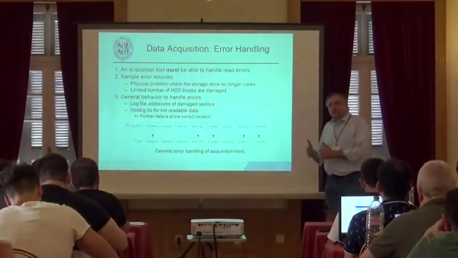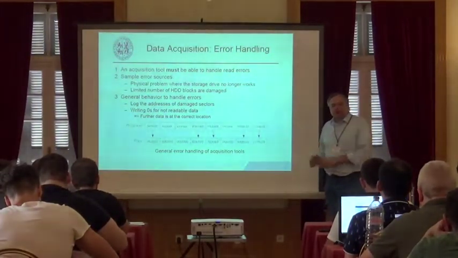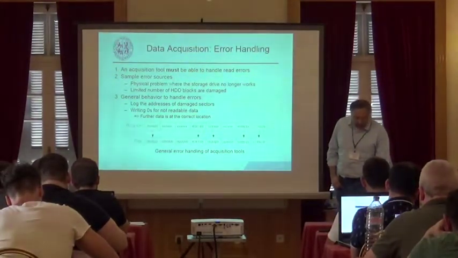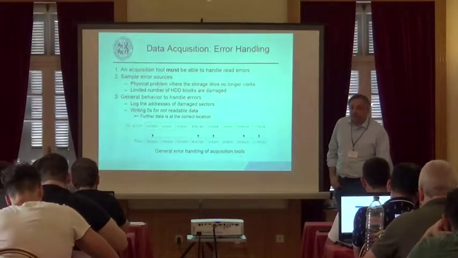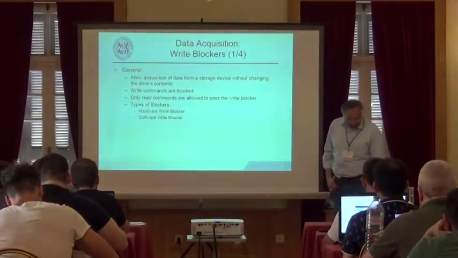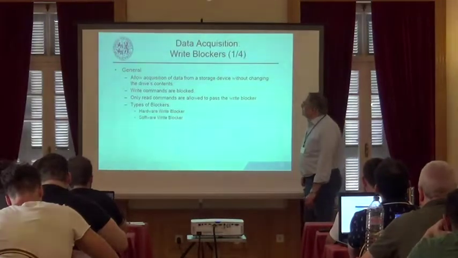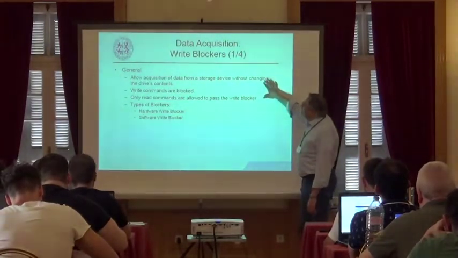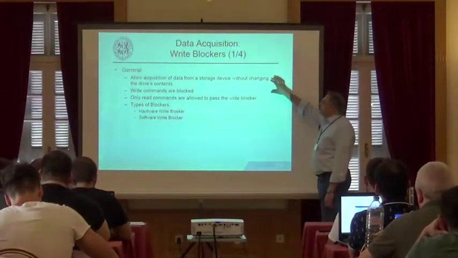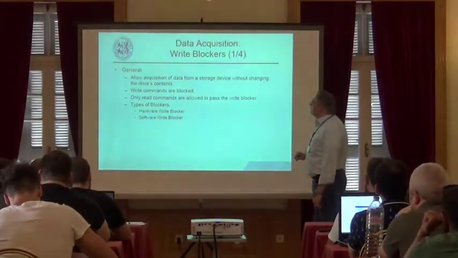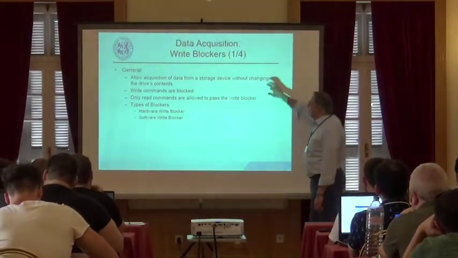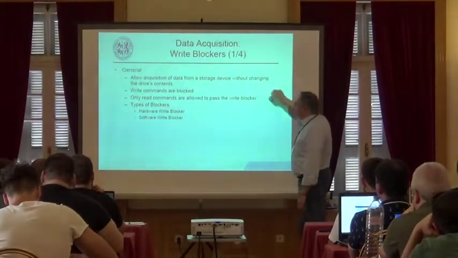So you might hide information on the disk in plain sight, and when the investigator tries to read them, they will just appear as bad blocks, when in fact they're perfectly good ones, but the checksum is wrong. So, in general, we need to allow the recovery of data from the storage device without changing the drive's contents. You see I'm repeating this again and again.